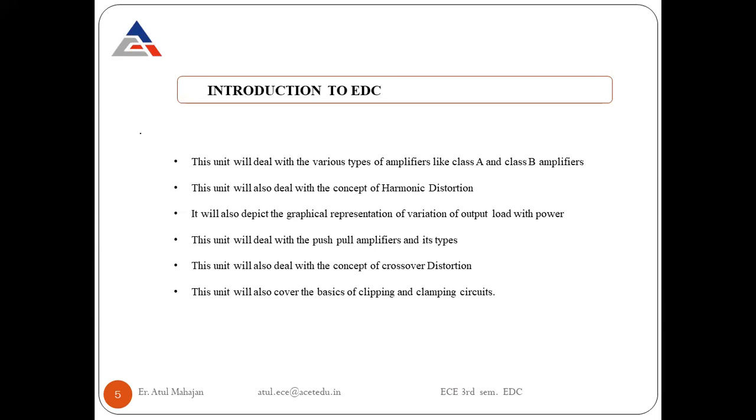The last unit will also deal with the graphical representation of various output load with power. What are the various parameters which are changing with respect to the load and power? The graphical representations will be discussed.